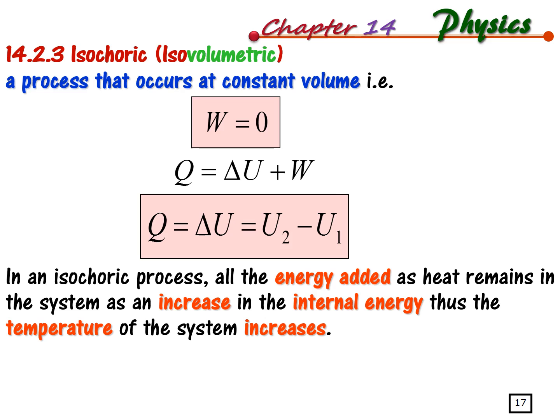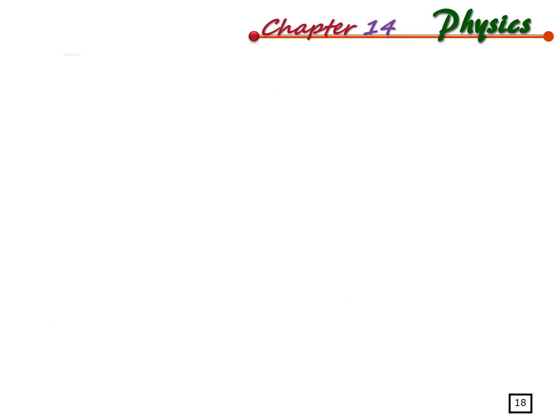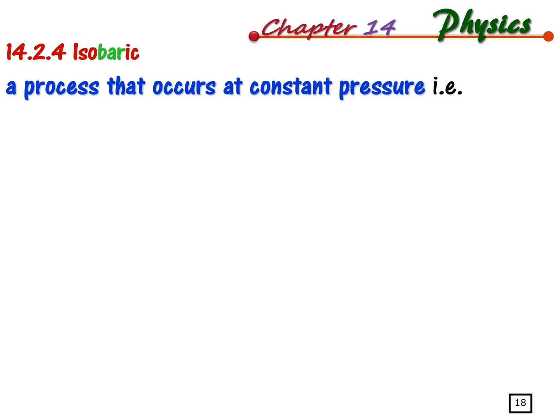And the last process will be isobaric. It's a process that occurs at constant pressure, related to the constant pressure gas law, which is Charles' law, where V is directly proportional to the temperature at constant pressure.